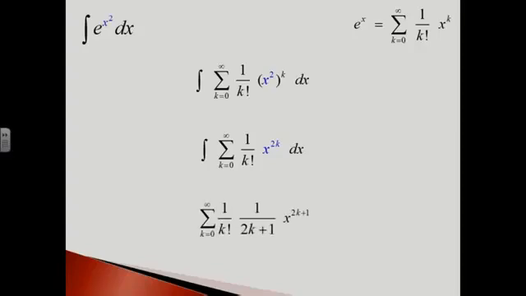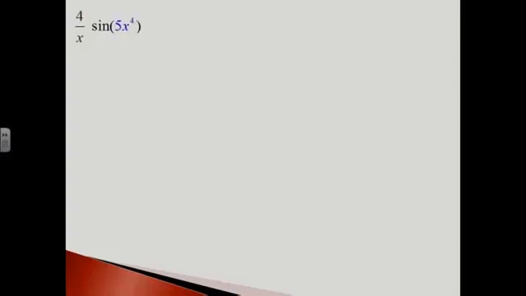Integrating the series term by term, it results in sigma of 1 divided by k factorial multiplied by 1 divided by 2k plus 1 multiplied by x to the power of 2k plus 1.